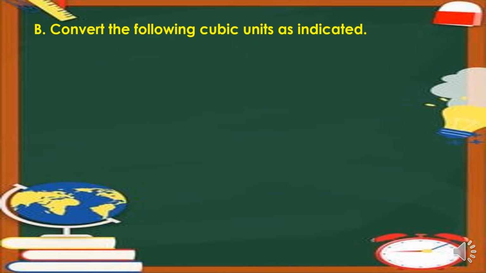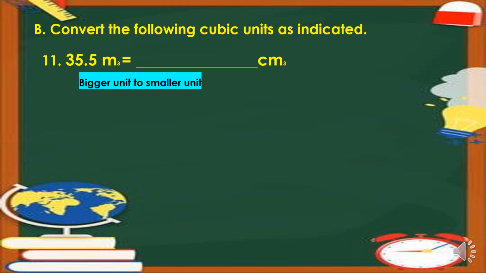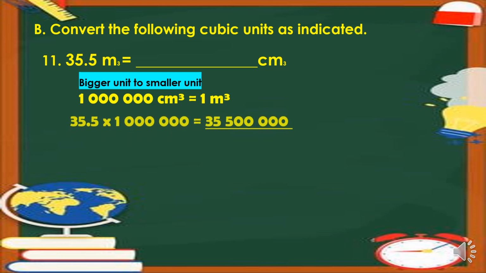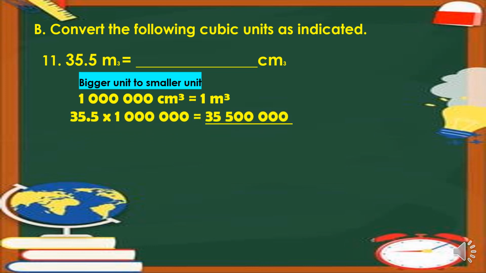Okay, another activity for learning task number 6, convert the following cubic units as indicated. Okay, so for number 11, 35.5 cubic meter is how many cubic centimeter? So again, bigger unit to smaller unit. So remember that for every 1 million cubic centimeter, that is equivalent to 1 cubic meter. So what are we going to do? We will multiply.